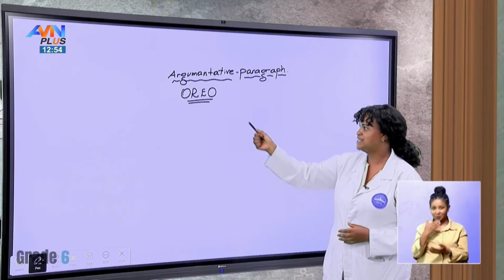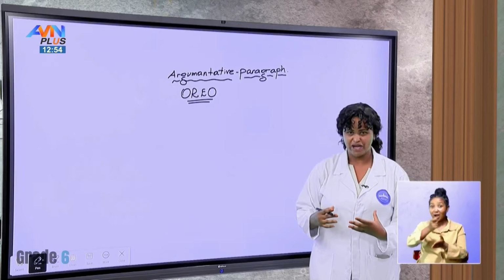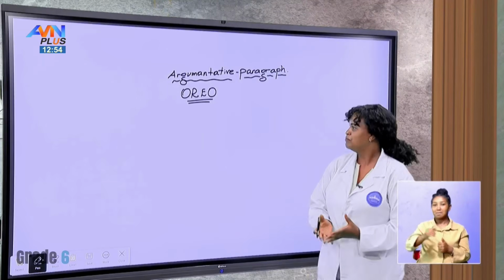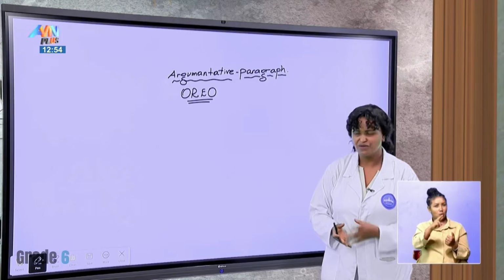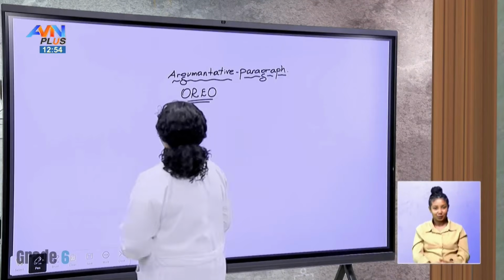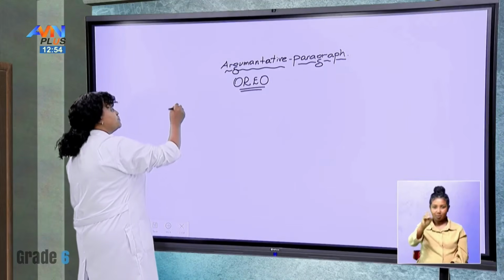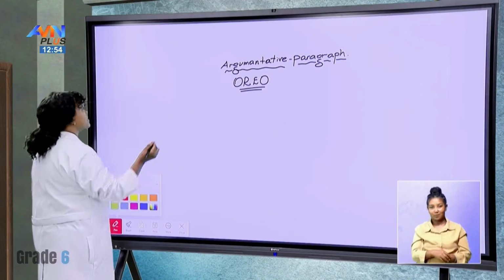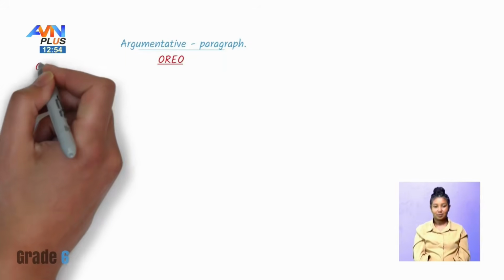Good. And this technique of writing argumentative paragraph is delicious like the Oreo biscuit. But what do we mean when we say Oreo? Let me show you. Let's begin with O. Let's make it here because we're going to see some examples.